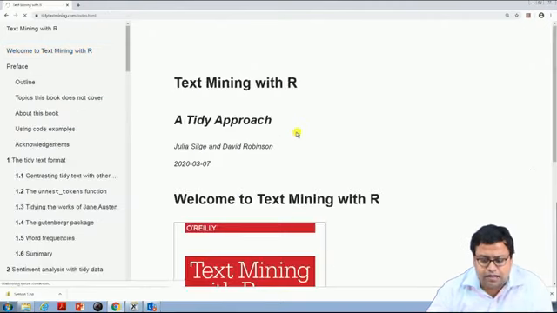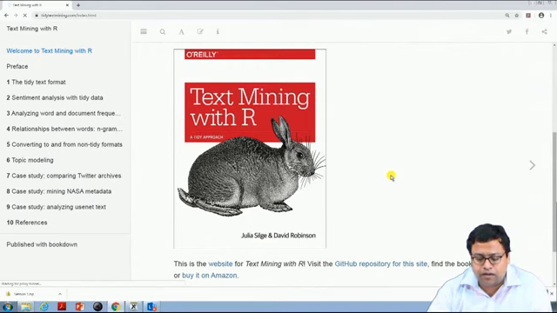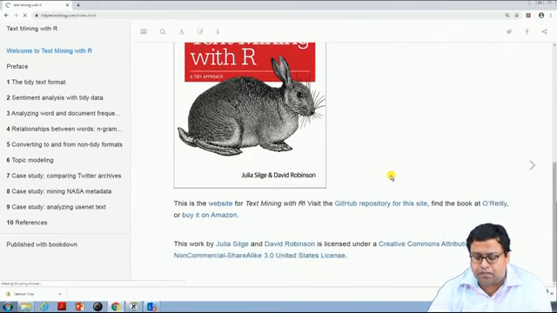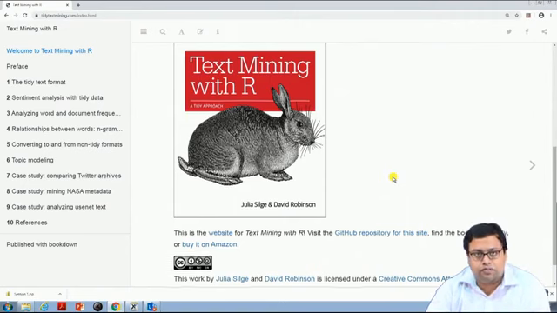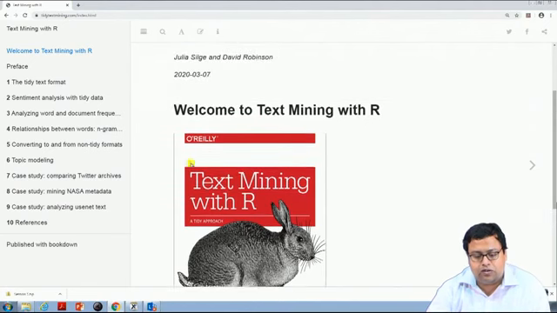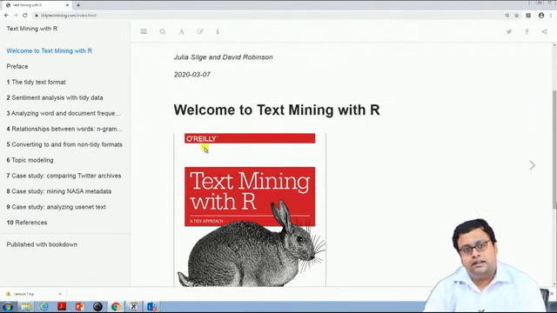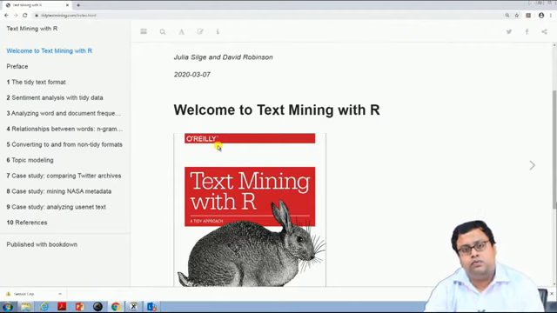Welcome to Text Mining with R. It is a free book; you can also buy it from Amazon, but this is a free web version of the book written by Julia Silge and David Robinson. O'Reilly is one of the major online publishers in this context, publishing lots of books where we can use R or Python for text mining.